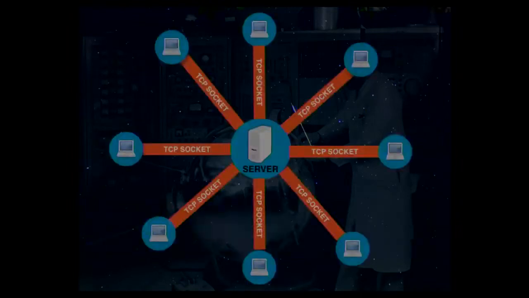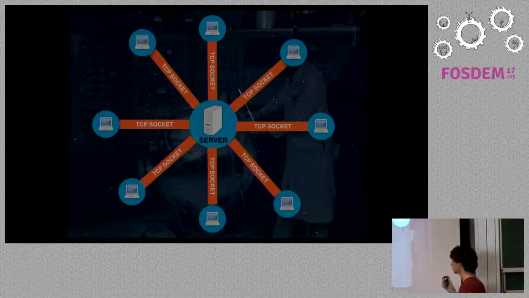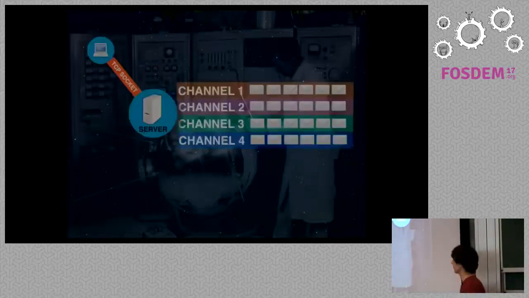So how it works under the hood is that all the clients are going to connect to the server and open a connection, and the server is going to work as a hub and distribute all the different messages to the different clients which are subscribing to the concept of channels or topics.